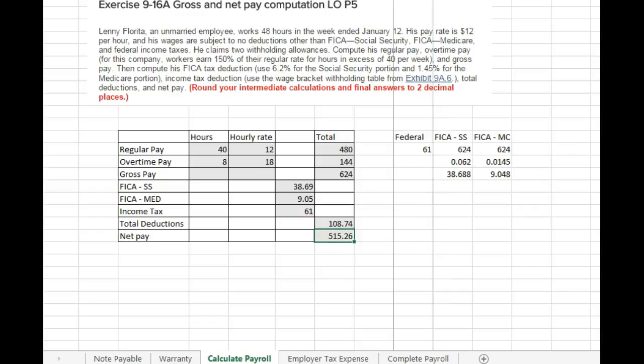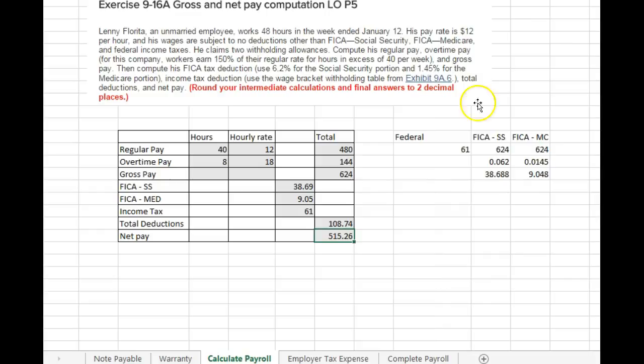But if you really want to look at this, to do the journal entries, you would have wages expense for $624. Then you would have FICA, Social Security payable, because we're taking that out and we have to pay that, okay?